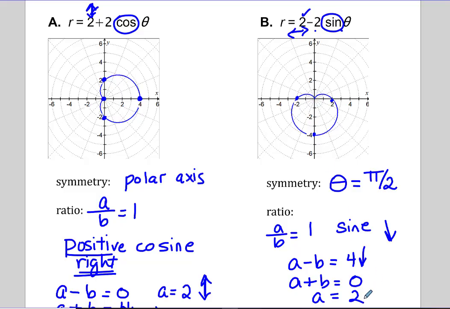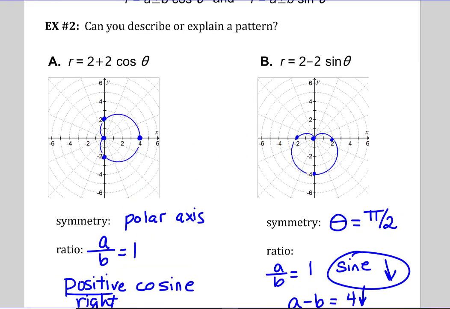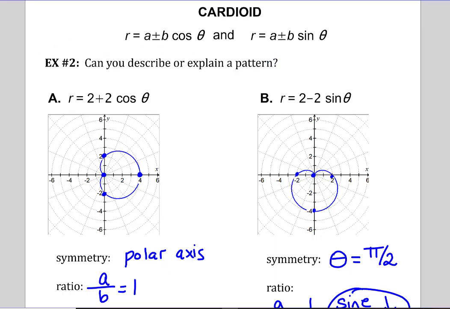This other A value, the first value, told me to go right and left because the function's going down, so this is the opposite direction. That gives you a real quick way to get a few points, knowing that the pattern tells me it's a cardioid, and I know how it looks, and it's got that little dimple in there. Gives us a clue. We'll describe the patterns here in a minute.